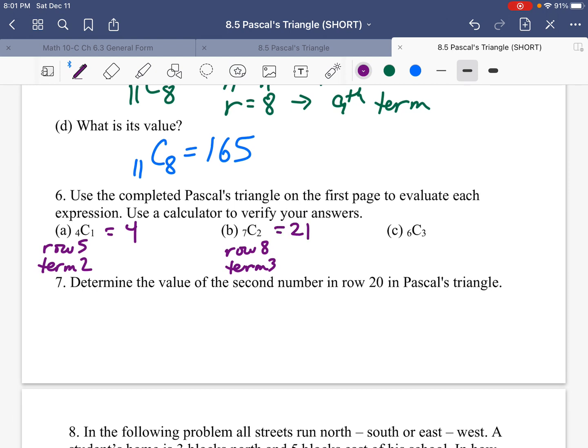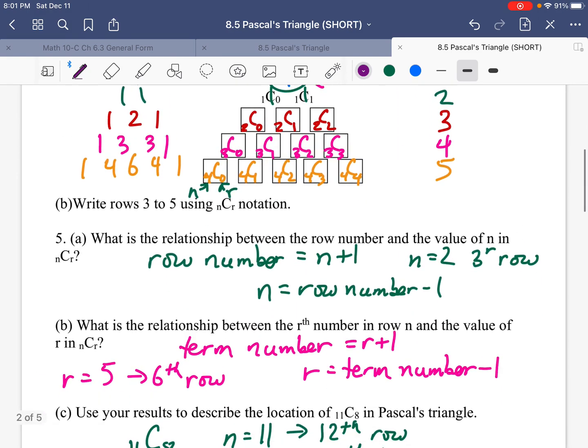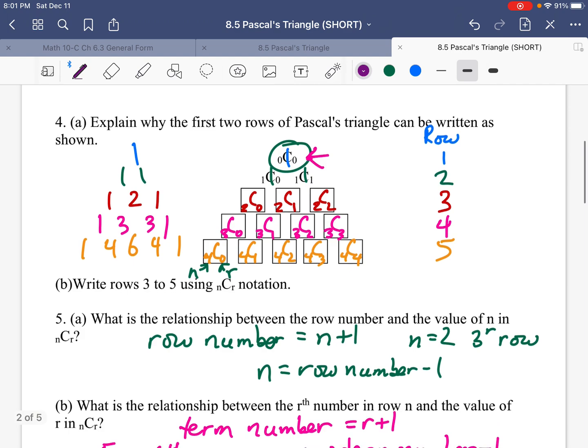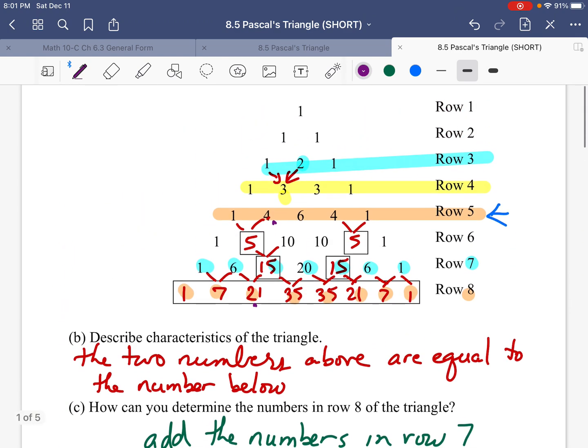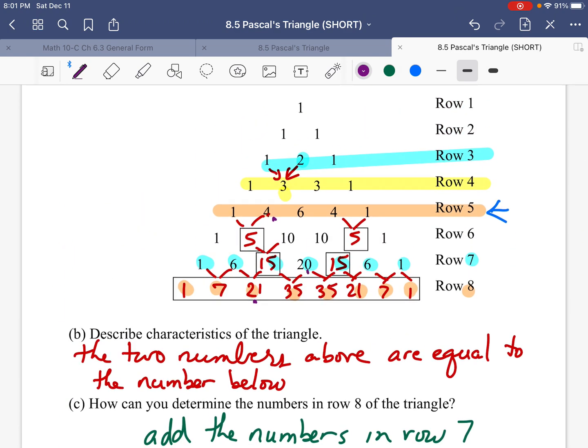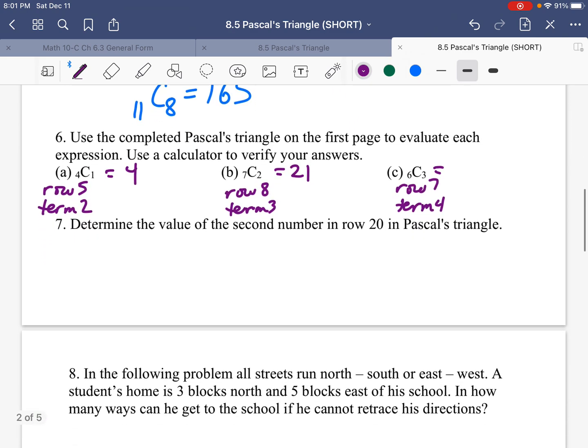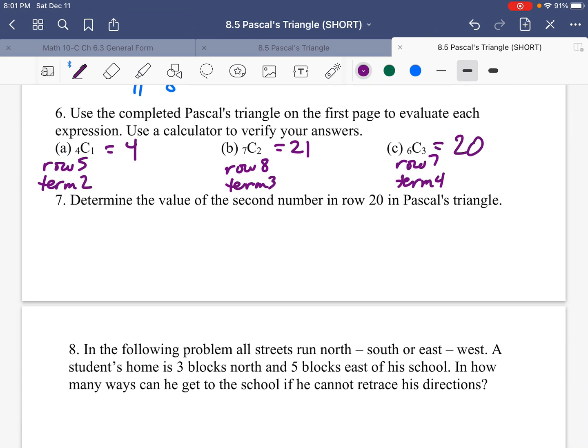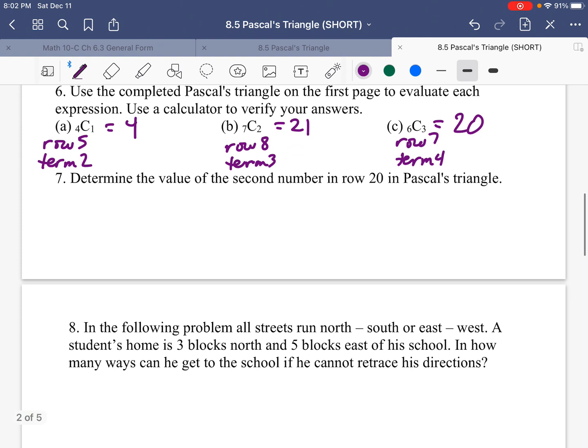So row 8, term 3 is 21. 6C3 is row 7, term 4. Remember, we're starting at 0, and this becomes important tomorrow also. So row 7, term 4 is 20. Now grab your calculator and double check that for me, please. Okay?